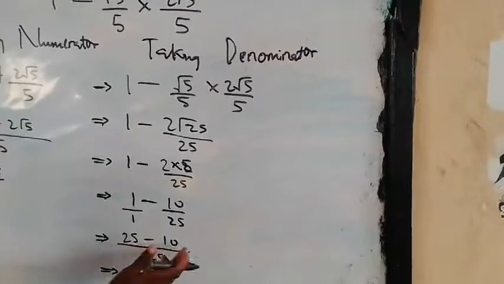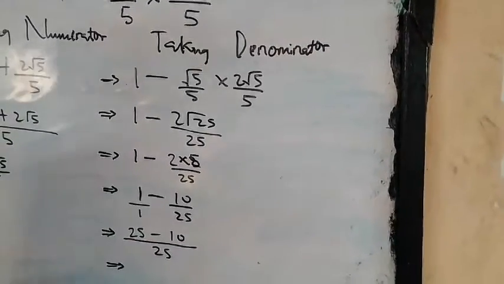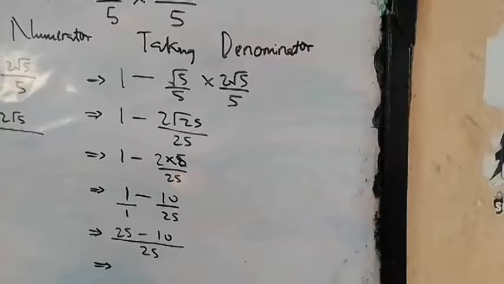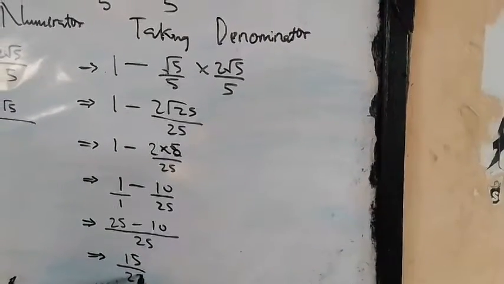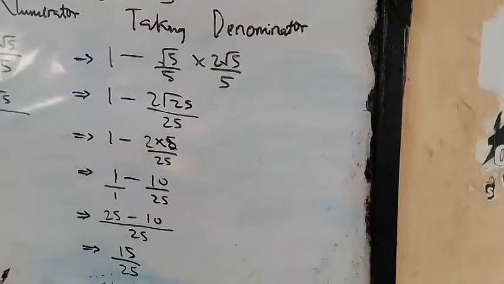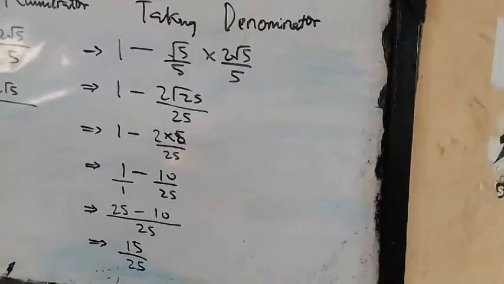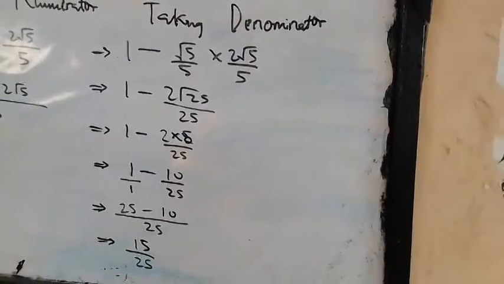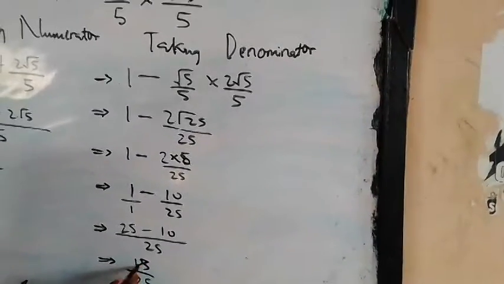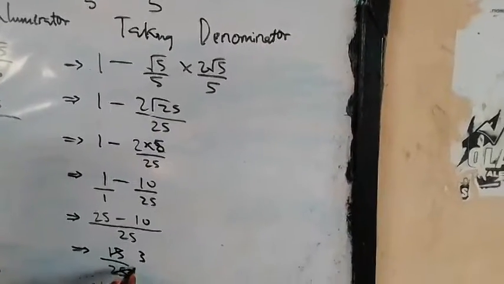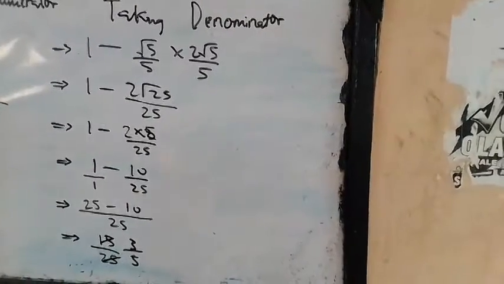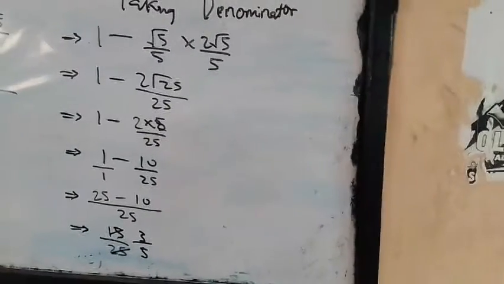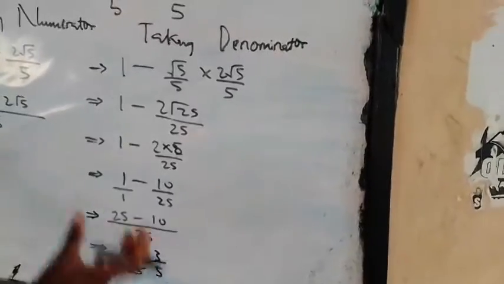So you subtract, 25 minus 10 is 15. 15 over 25. Can 15 be divided by 25? Divide by 5: here 3, here 5. So the exact value of our denominator is 3 all over 5.